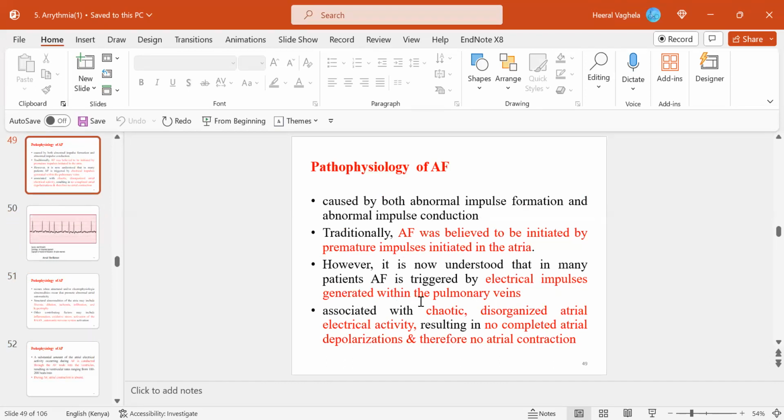Sometimes this atrial fibrillation is triggered by electrical impulses generated within the pulmonary veins. So it's chaotic, disorganized atrial activity. The depolarizations are not complete, the contraction is not complete, or even the relaxation is not complete. Therefore, pumping the blood out is not adequate.